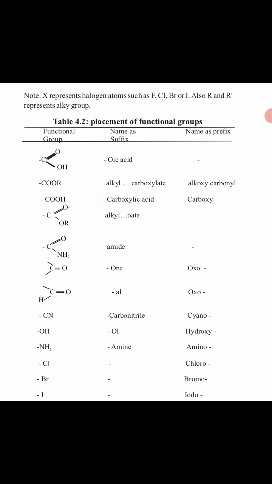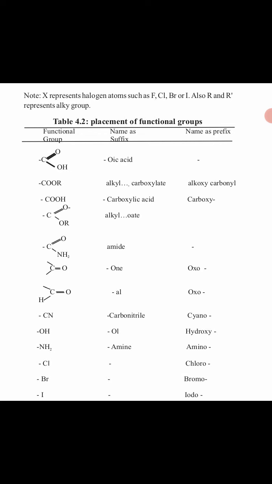OH, we are all familiar with that. It is ol when used as a suffix: alkanol, butanol, propanol. And hydroxy when it is used as a prefix. Then NH2 as a suffix is called amine.